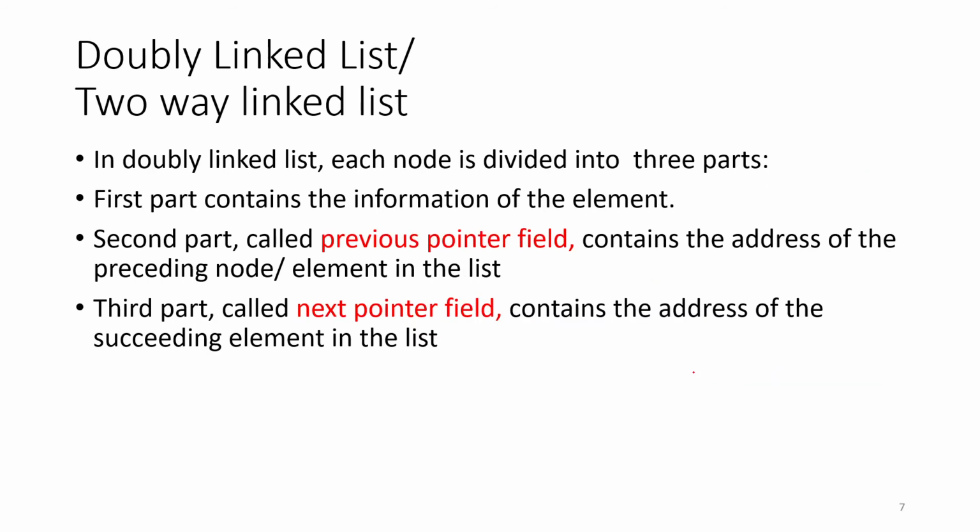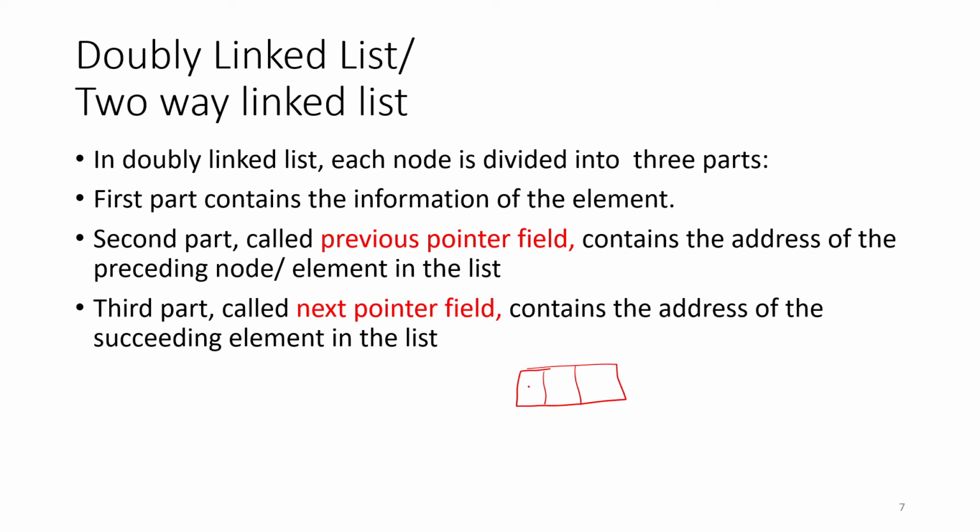Then there is the doubly linked list or two-way linked list. We can traverse a doubly linked list in both directions, that means in the forward direction as well as in the backward direction. Each node in the linked list contains three parts.